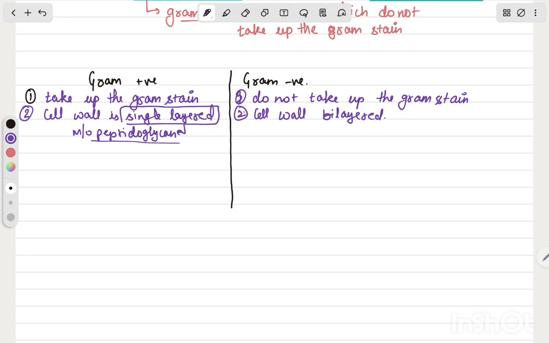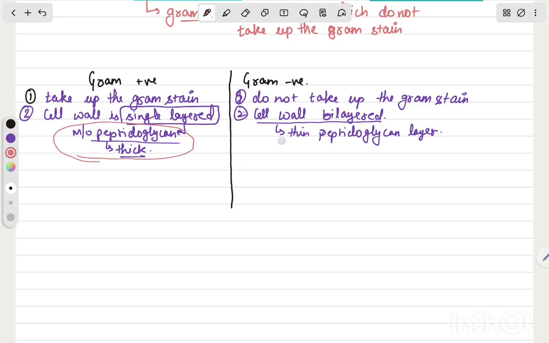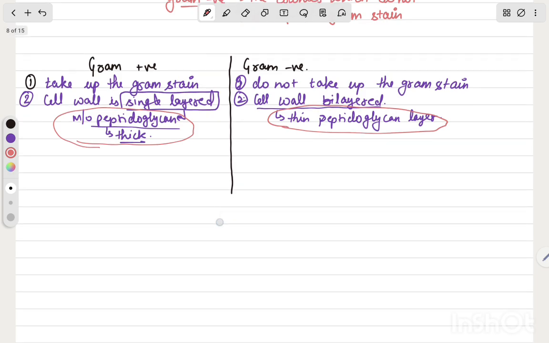In gram positive it is made up of thick peptidoglycan. In gram negative, the cell wall is bilayered with a thin peptidoglycan layer. It is very important to remember in which category we have a thick peptidoglycan layer. A thick peptidoglycan layer is found in gram positive bacteria and a thin peptidoglycan layer is found in gram negative bacteria.